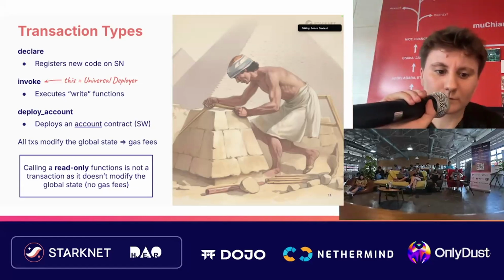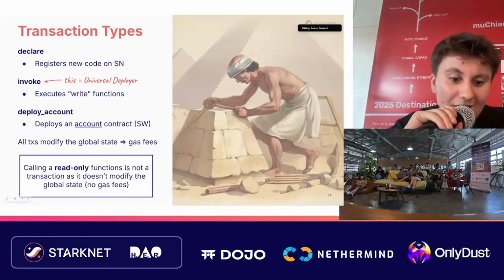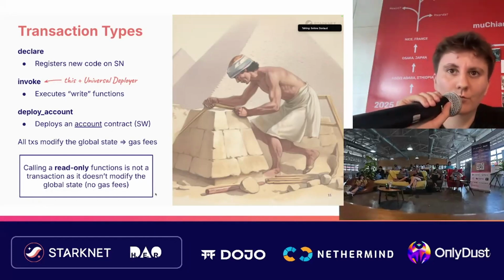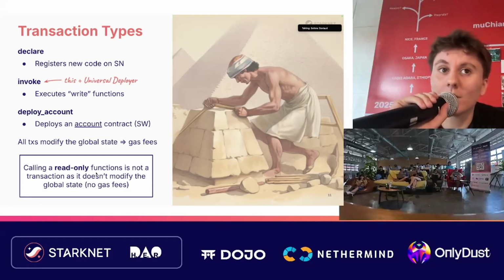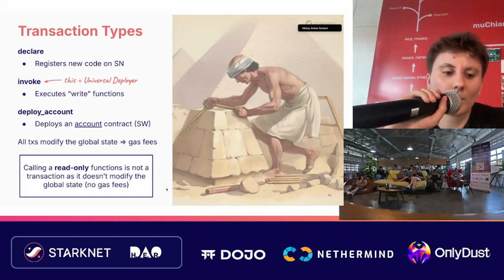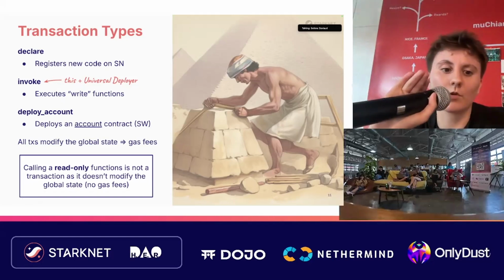Contrary to a read-only function, like you can see here: when, for example, you just want to see who the owner is, it's read-only, so you don't modify anything inside the smart contract. The global state stays the same.